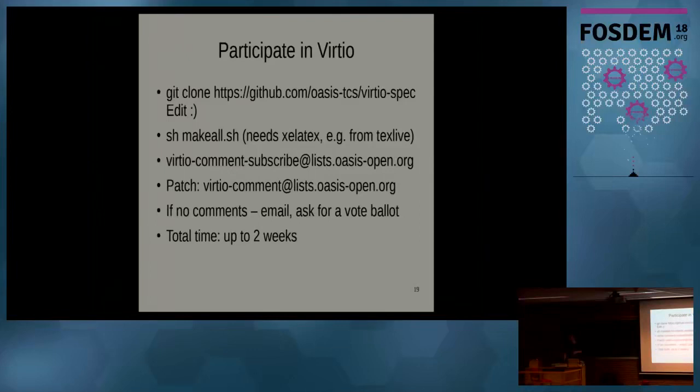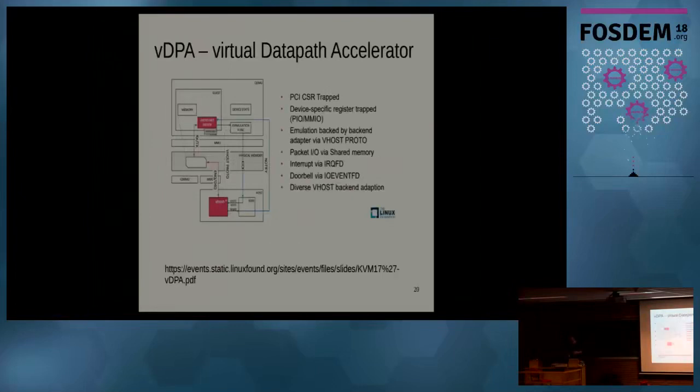Good. So that's the part of my talk about the Virtio specification. Now I have two things that I think are interesting. One is a project initiated by Intel, vDPA, the Virtual Datapath Accelerator.